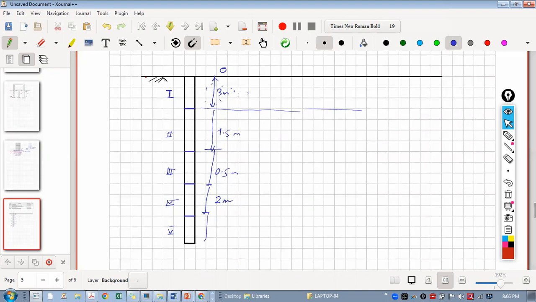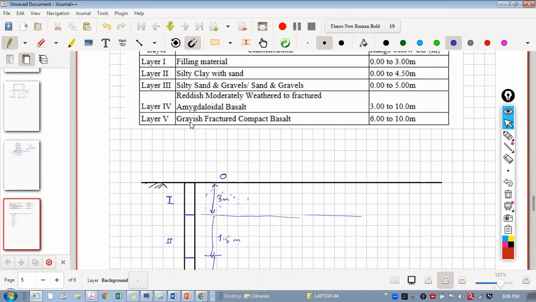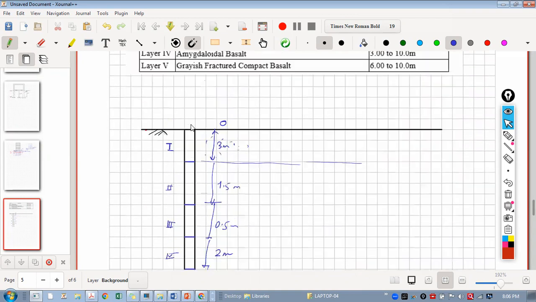So this way we can identify. This is the general strata, and they are saying, please provide your foundation at the 4.5 meter level. So within layer 2, I will have my foundation as per their suggestions. Let me draw here somewhere. This is my 4.5 meter level, and then I will provide a footing like this.